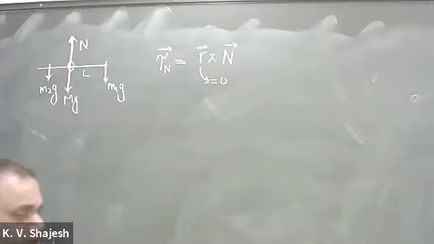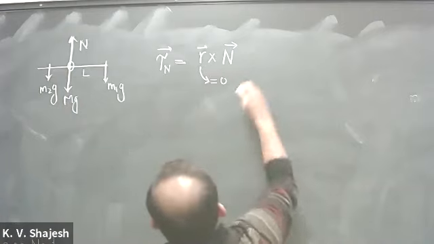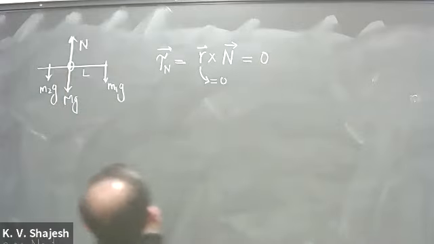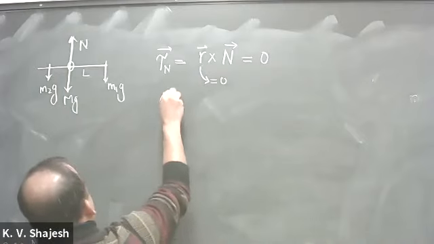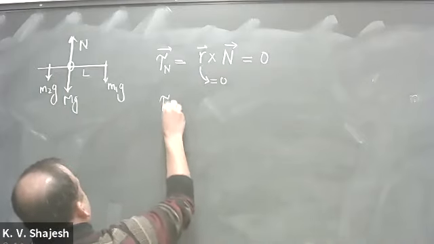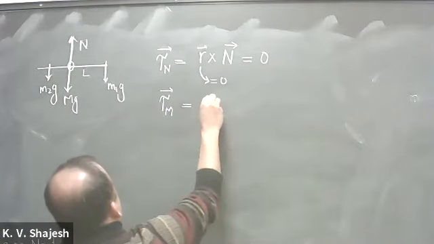Distance from the center axis that we chose, passing through the center of mass and coming out of the board, is equal to 0. So the torque due to the normal force is immediately 0. What about the torque due to the plank's mass? Same thing.